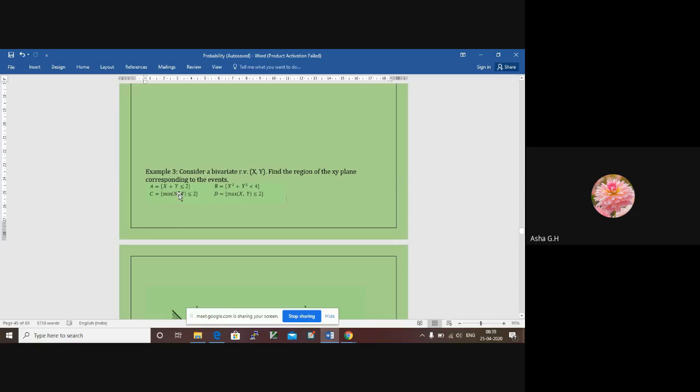You may be given a set of random variables and asked to find the range and the probability, or the event that results in the sum of two random variables, the difference between two random variables, or the square of each random variable being less than some value, and also the minimum of x comma y less than or equal to some value, and the maximum of x comma y less than or equal to or greater than or equal to some value.